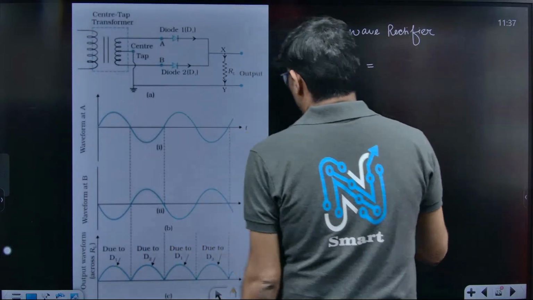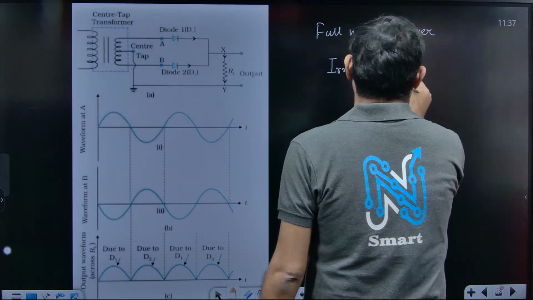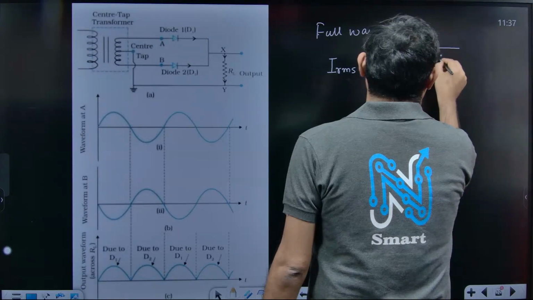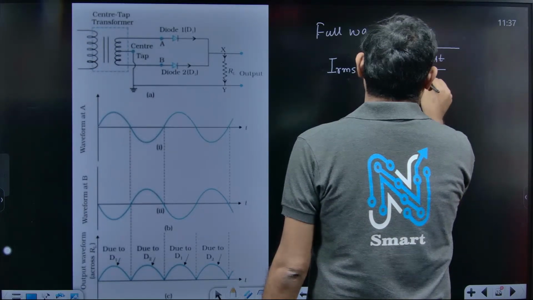The RMS value is the root of the integral of I square dt divided by dt.